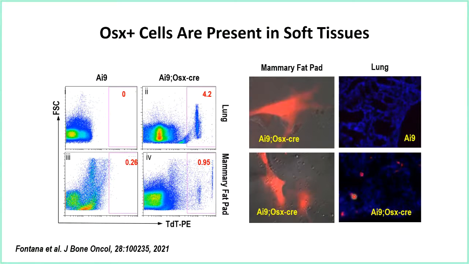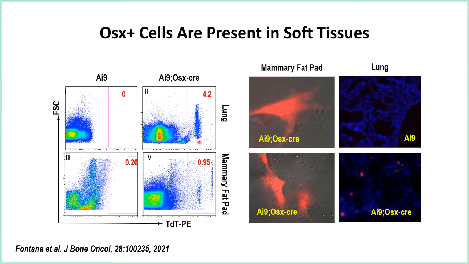But some of these cells are actually present also in soft tissues, typically sites of metastasis, without tumor. Yes, the percentages are very small. And here you can see again the flow cytometry picture of cells isolated from lung and mammary fat pad without tumor.